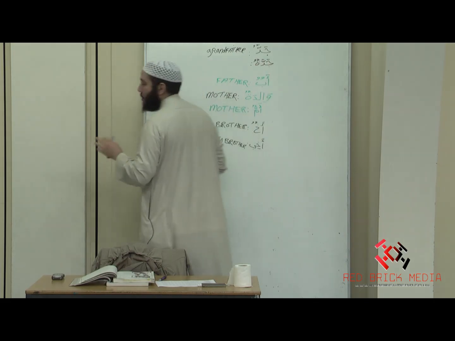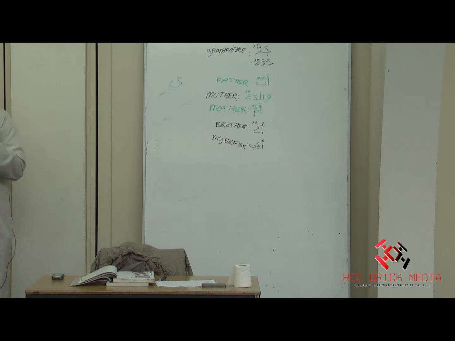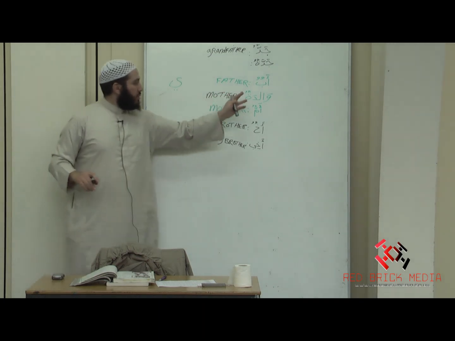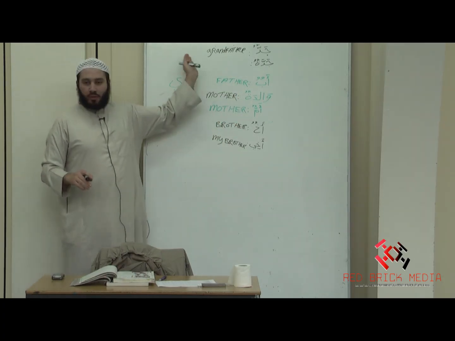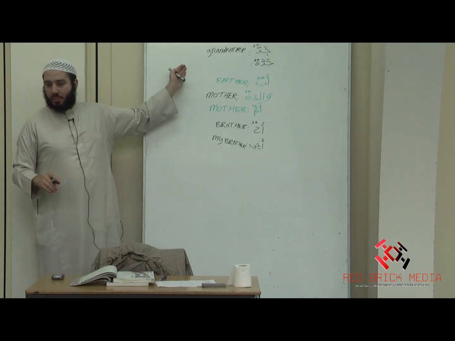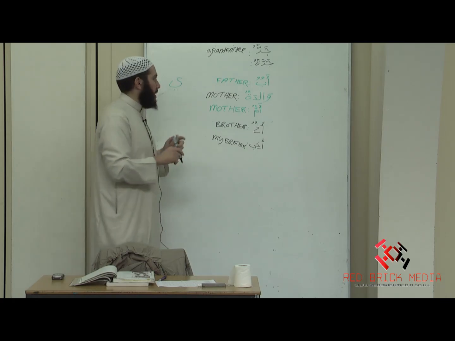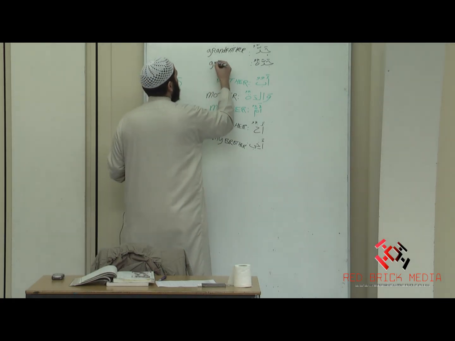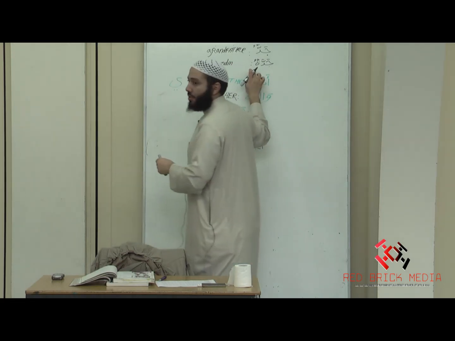I told you before, in a lot of Arabic words you find the difference between the masculine and the feminine is the ta. Look, walidun without ta, walidatun, the feminine, with ta. Jaddun, grandfather, jaddatun, grandmother. So jaddatun is grandmother, the one with the ta.